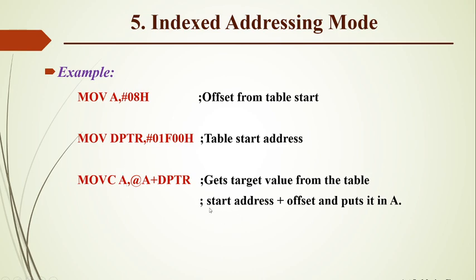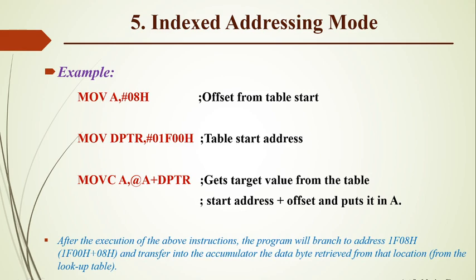Here the start address of the table is added with the offset or displacement that is put in A. After execution of this instruction, the address accessed will be 01F00 plus 08, which is 01F08H. Whatever content is available at this address will be loaded into the accumulator using this instruction.